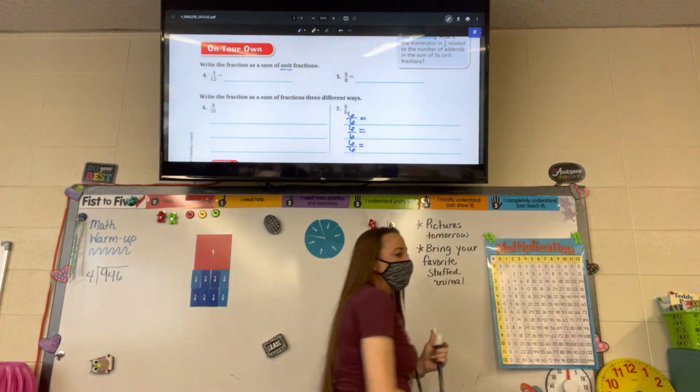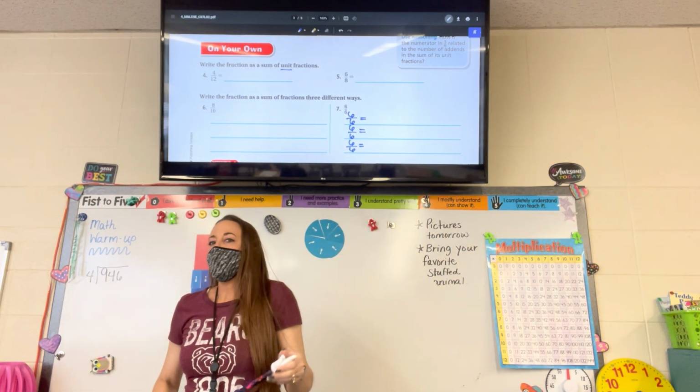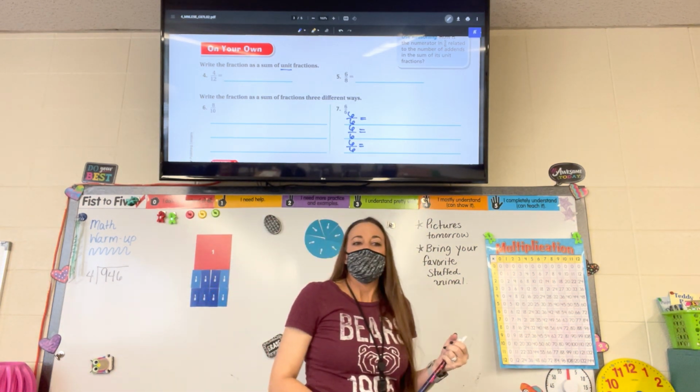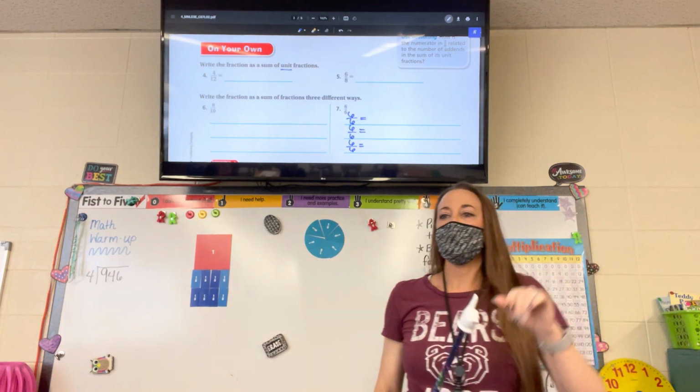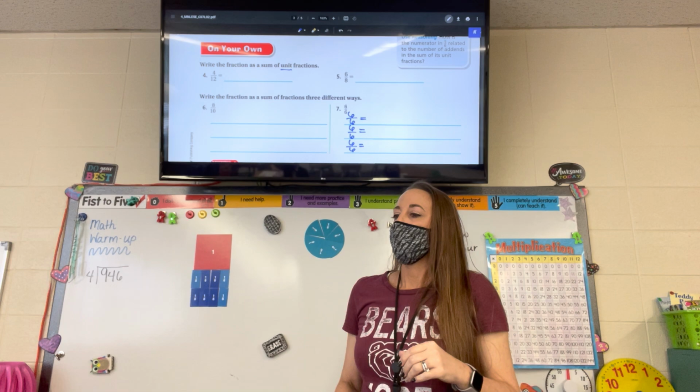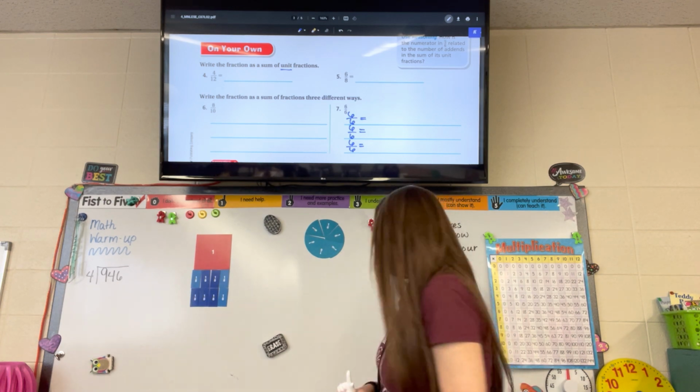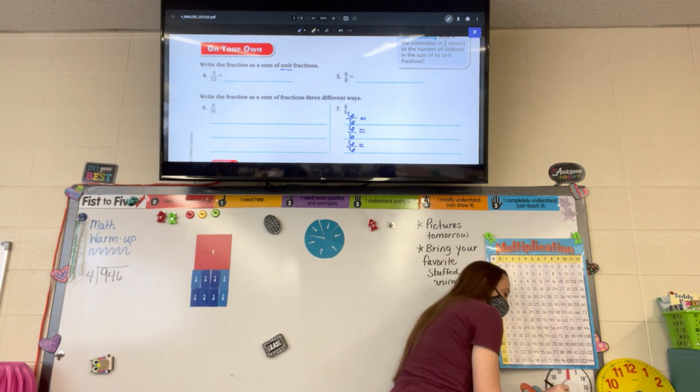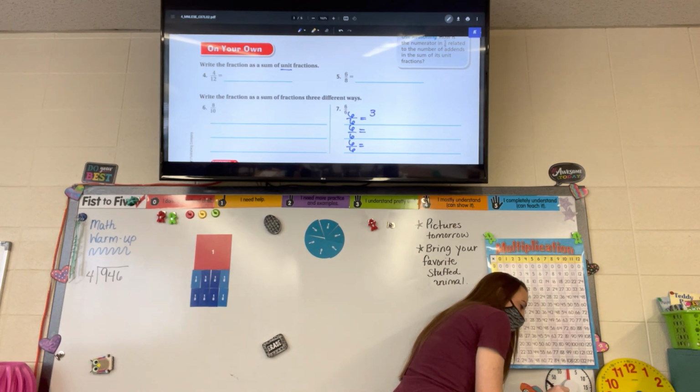So what's a couple numbers or 3 numbers that add up to be 6? Landon? 3/6 plus 3/6. Does that equal 6/6? Yep, that'll work.